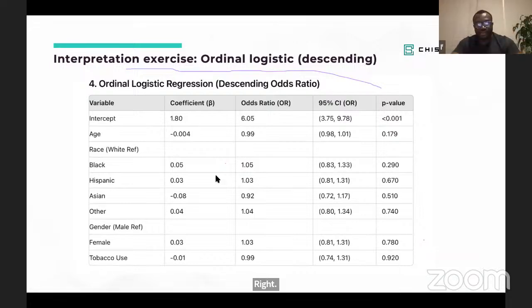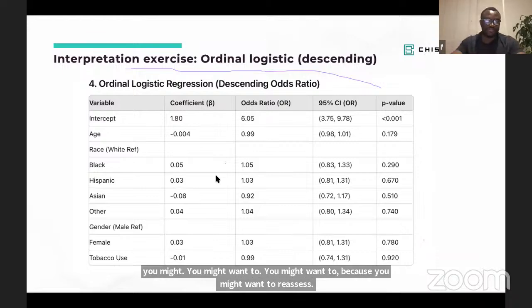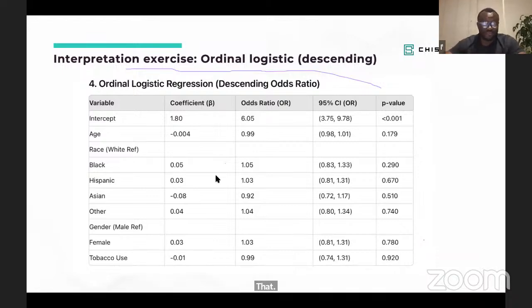So you might want to reassess that particular outcome. Maybe you have a lot of missing values as well. Remember that when you do any regression, the software does list-wise deletion, which means that individuals with missing values for any of the variables are removed from the analysis.